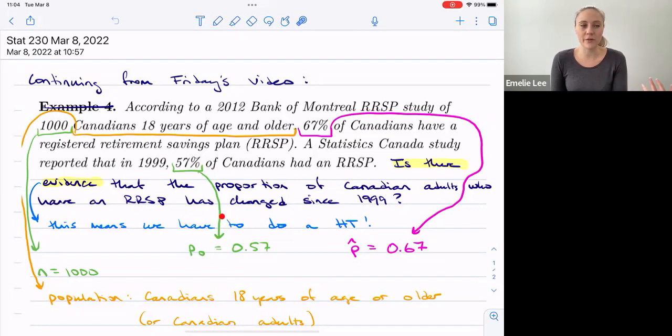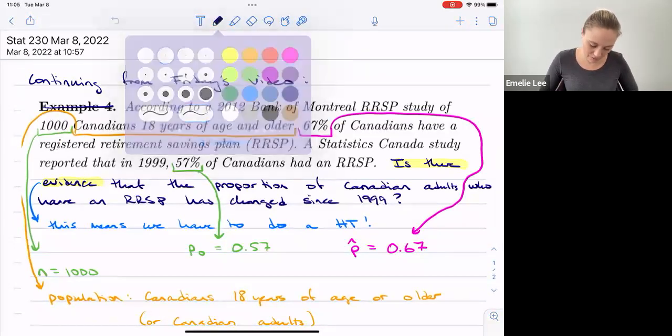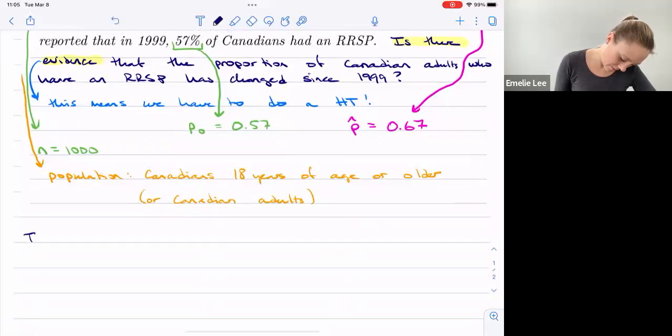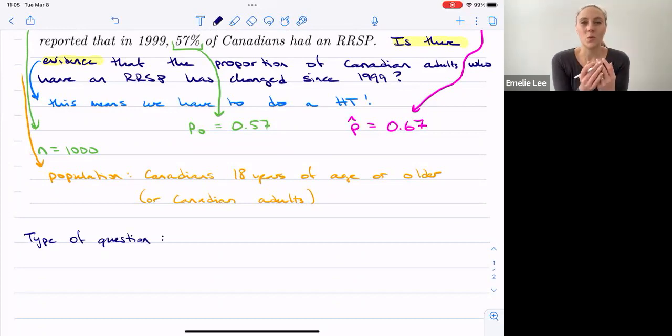And what we finished off with on Friday was we just identified some of the key information here. So we have a sample size of 1,000. So one thing I want you to notice is there's only one sample size, which means you only have one sample. Okay, and so let's first talk about the type of question. We start with whether it's one sample, or eventually it's going to be two samples, or potentially more than two, but usually we just have two.